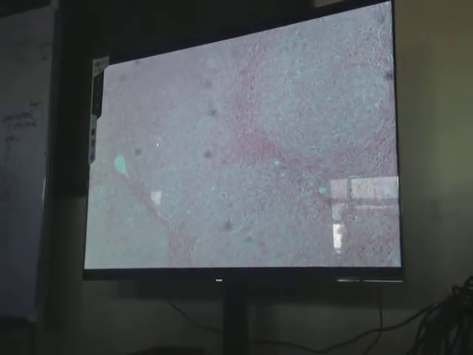Mayroon bang aggressive hepatitis o wala? So the abnormality that you should be able to see here will be the presence of mononuclear inflammatory infiltrates in the portal areas.